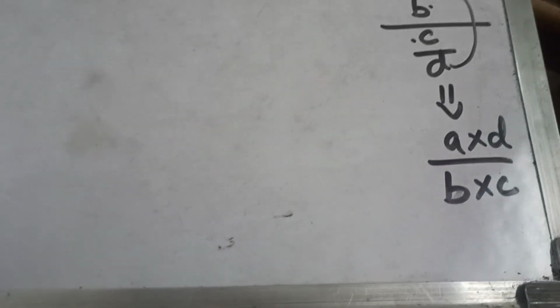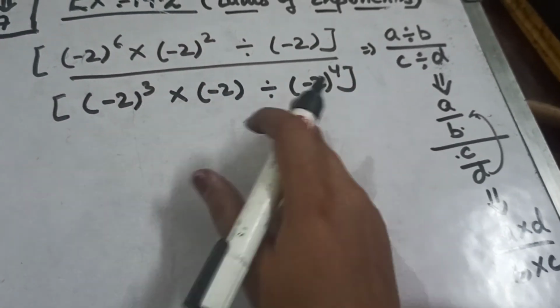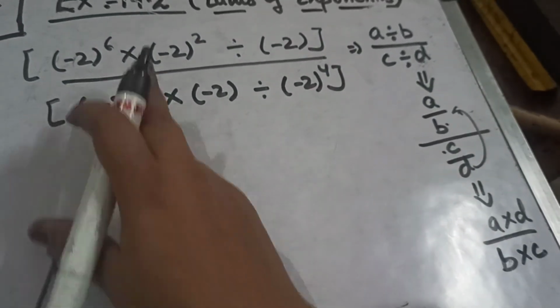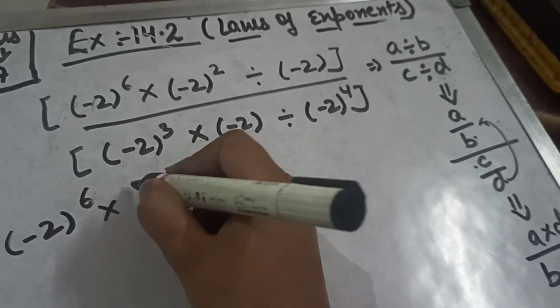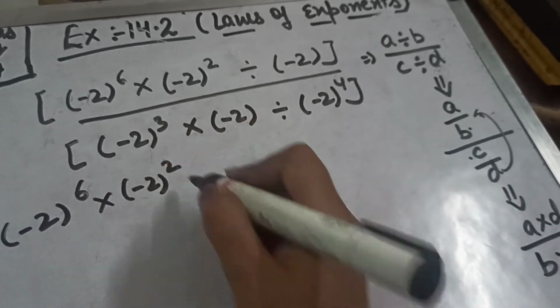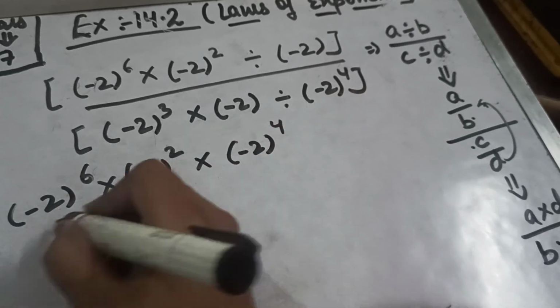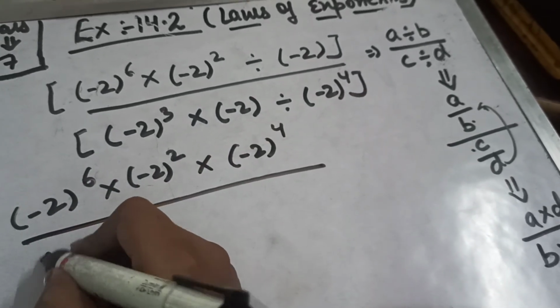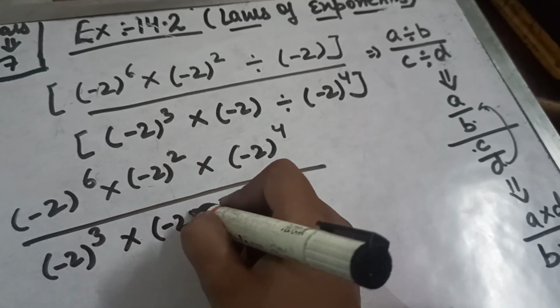So what comes here, right? So we will change this one, A, B, C and D. What will come? A multiply with D. So minus 2 the power 6 multiply minus 2 the power 2, in multiplication with minus 2 the power 4. Again minus 2 the power 3 multiply minus 2.